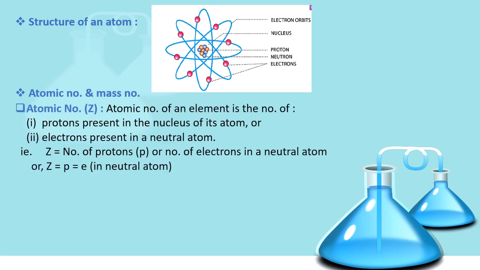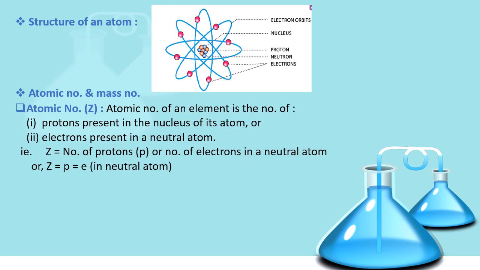Let us see what is atomic number. Atomic number of an element is the number of protons present in the nucleus of an atom or the electrons present in a neutral atom. That is atomic number, and here it is written Z. That means atomic number is represented by the letter Z, capital Z. Atomic number is equal to number of protons or the number of electrons in a neutral atom.